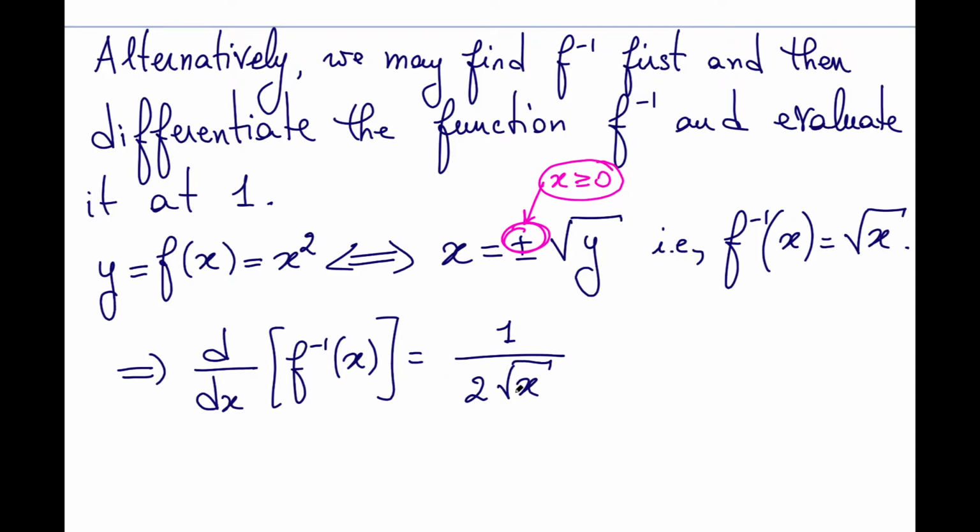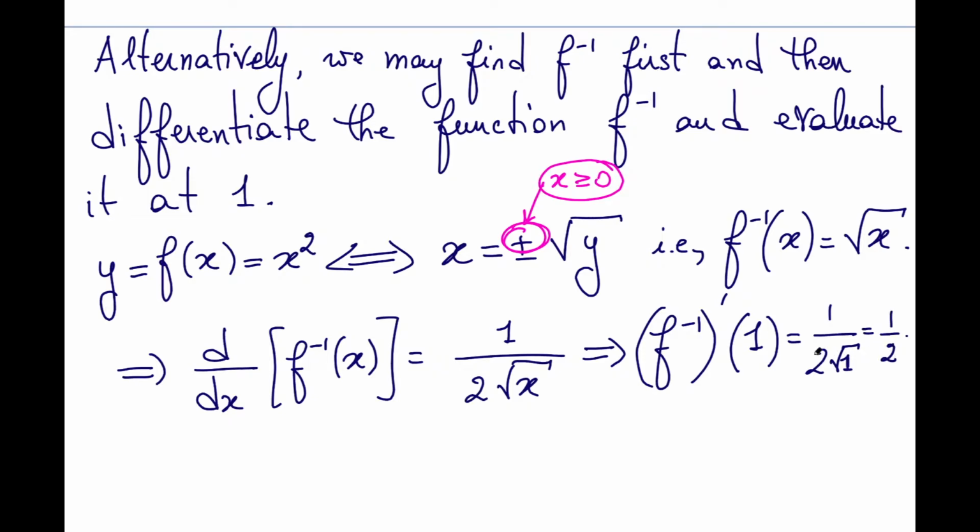So if you want to evaluate that derivative function at the point 1, you just have to replace x by 1, right? Because this is f inverse prime, at any x. If you want to evaluate that function at 1, plug in 1 here, so that x is going to be 1. So that's going to be 1 over 2 square root of 1, which is 1 over 2, right?